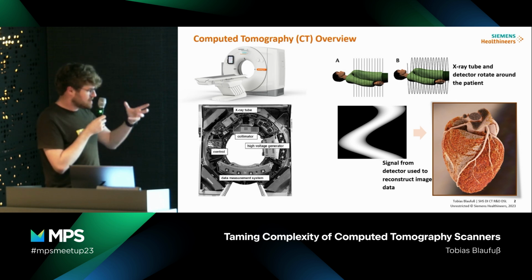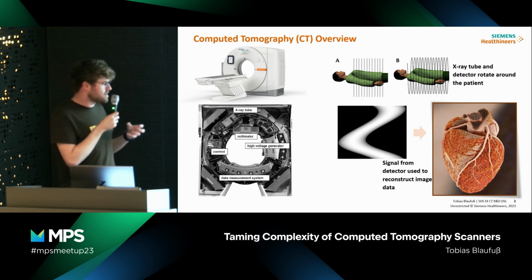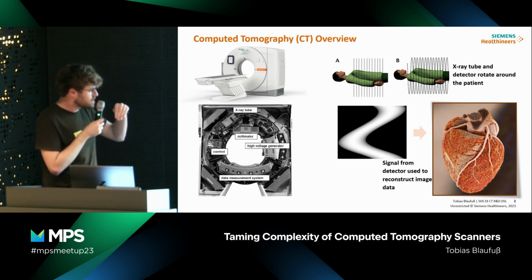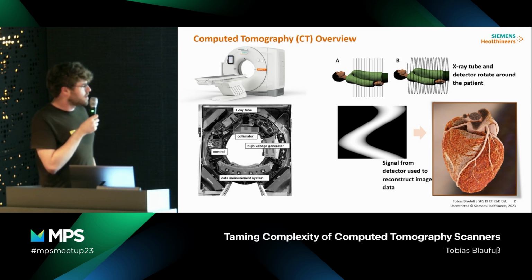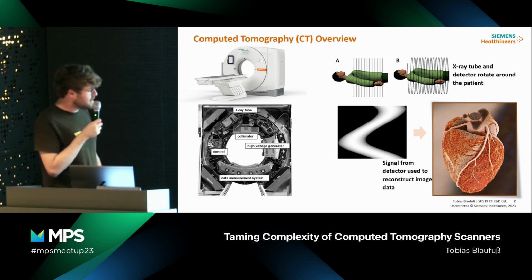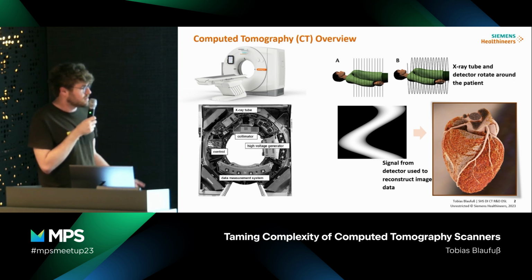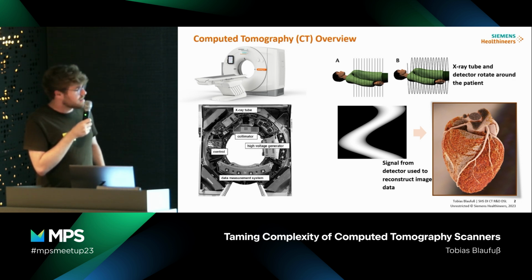It emits X-rays through this collimator device, and this is necessary to focus the X-ray beam and split it up into slices. And then when they travel through the body of the patient and they land on this data measurement system, there we receive a signal where we reconstruct images like this heart here.